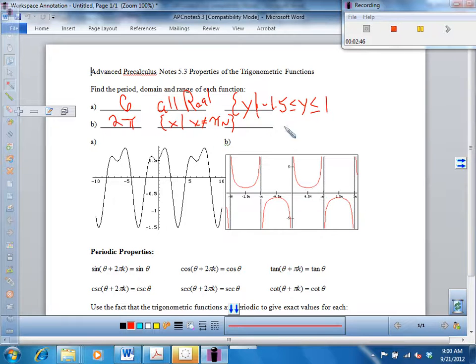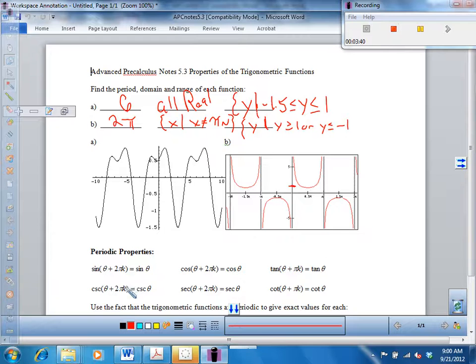And then for the range, y has to be greater than or equal to 1, or y is less than or equal to negative 1.